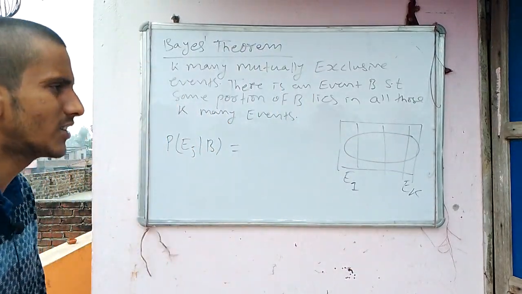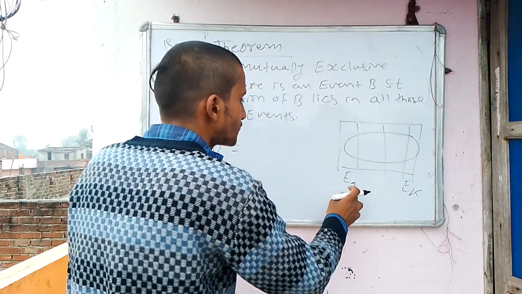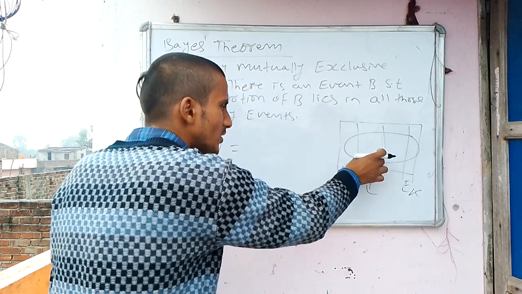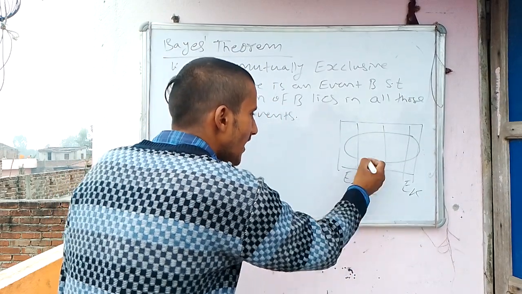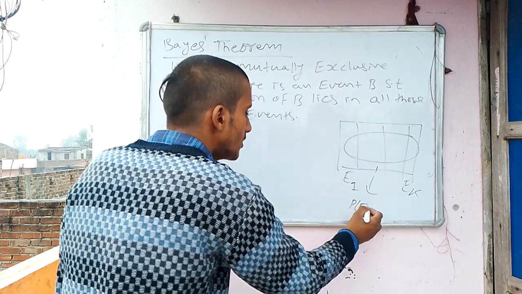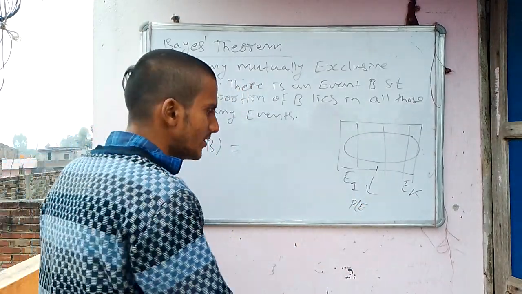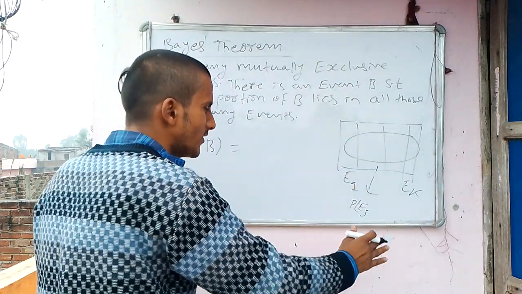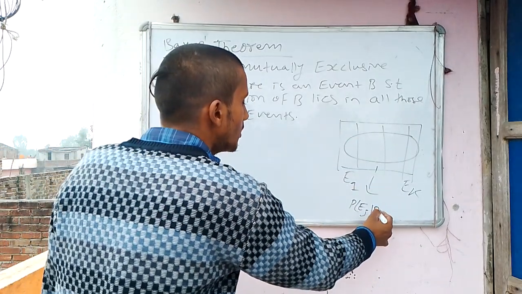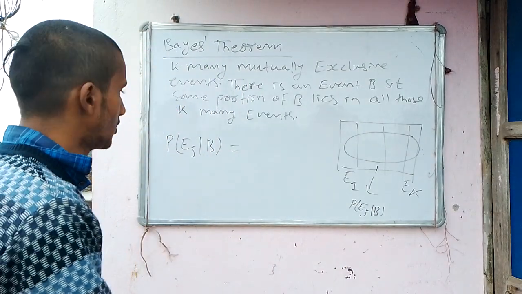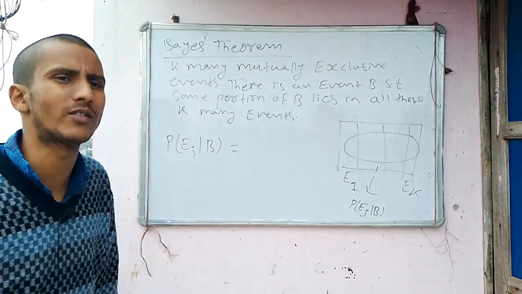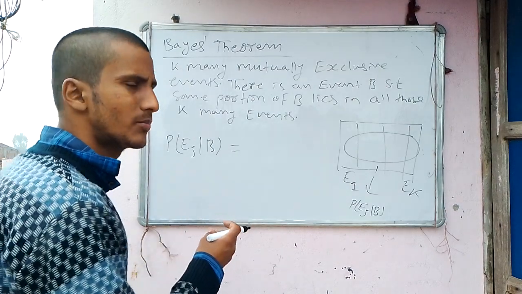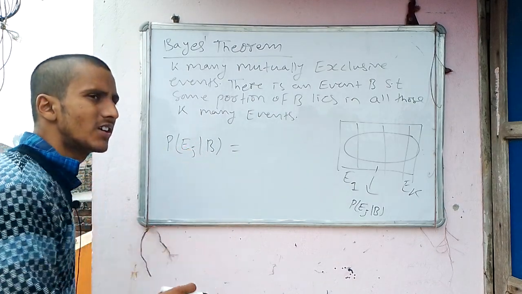You're going to figure out the probability of any of those k many events, EJ, given that B occurs. This is what it means: what will the probability of EJ given B be?